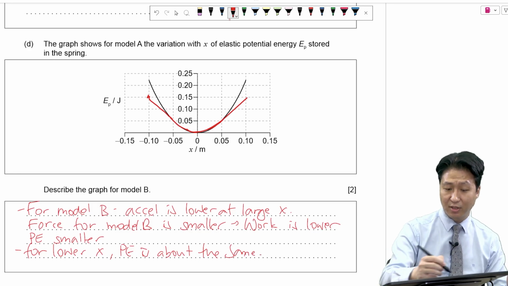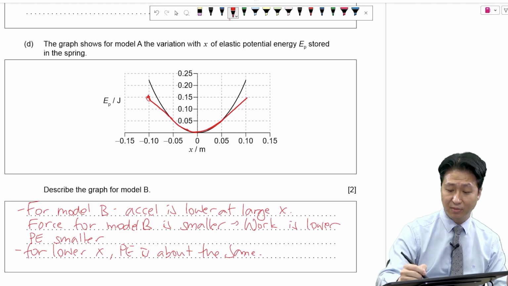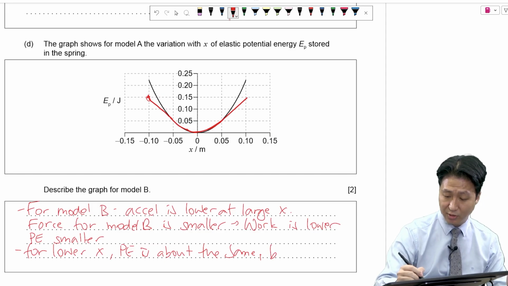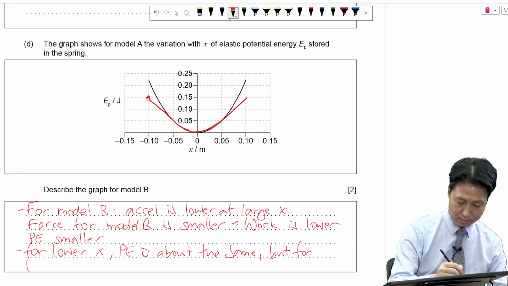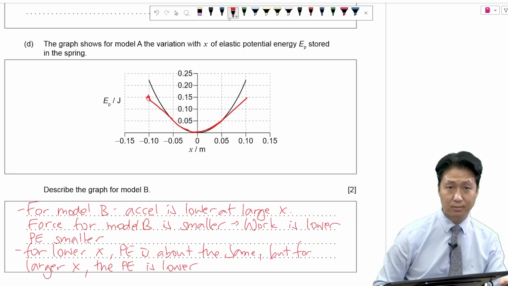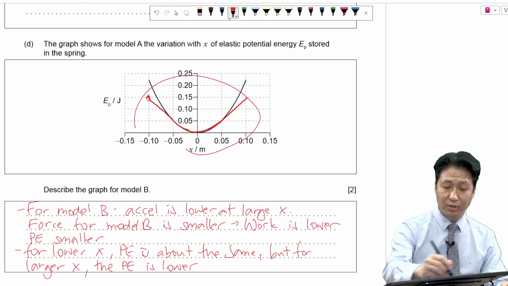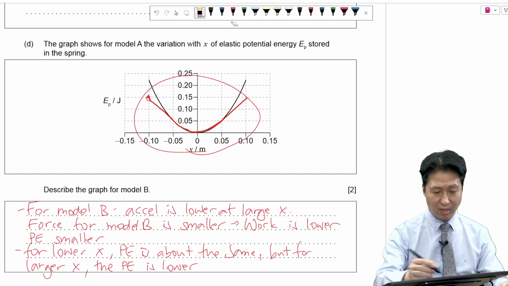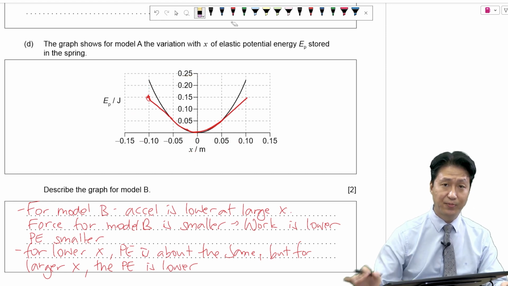But for the larger values of the displacement, up to the amplitude, it will be lower values for potential energy. It's also acceptable to just draw this here, but you should probably also try to explain it using a sentence form.